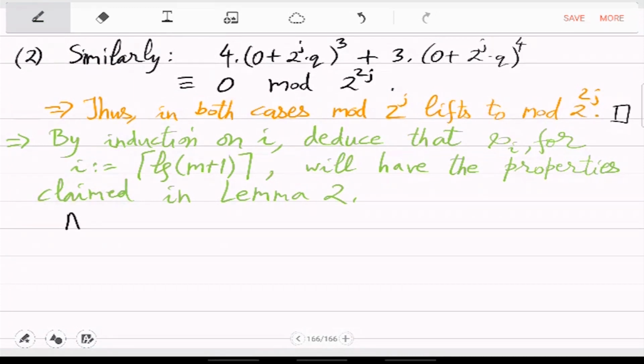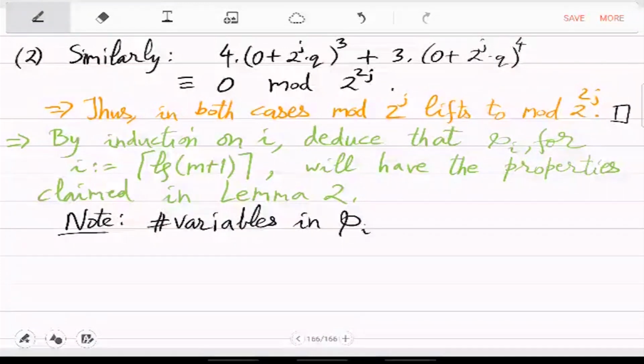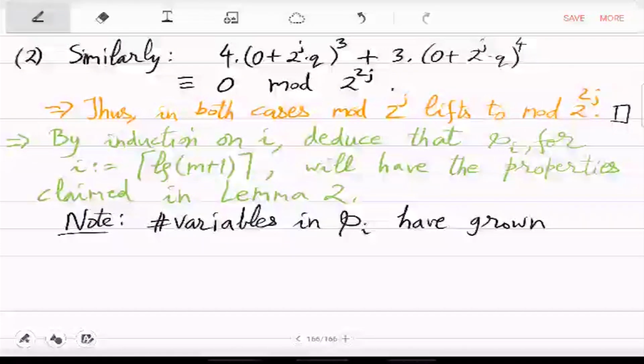And note that the number of variables in phi have grown. So as you go forward using the recurrence for phi i plus 1, the variables also blow up, right?